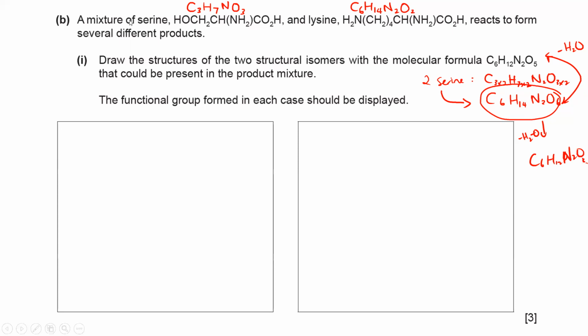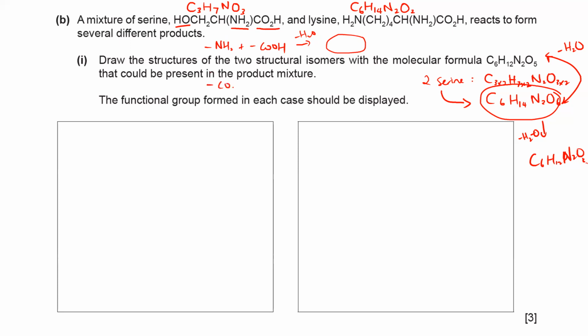Now, let's look at serine. It has 3 different functional groups. The common one in all amino acid, amine and carboxylic acid, but there's another one, alcohol here. So let's see, this NH2 can react with carboxylic acid. Condensation reaction. You get a bigger molecule and remove water.